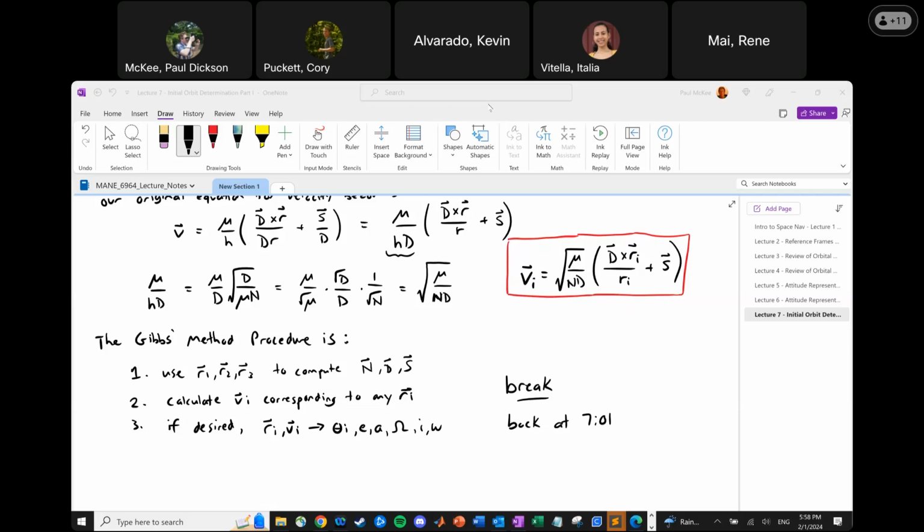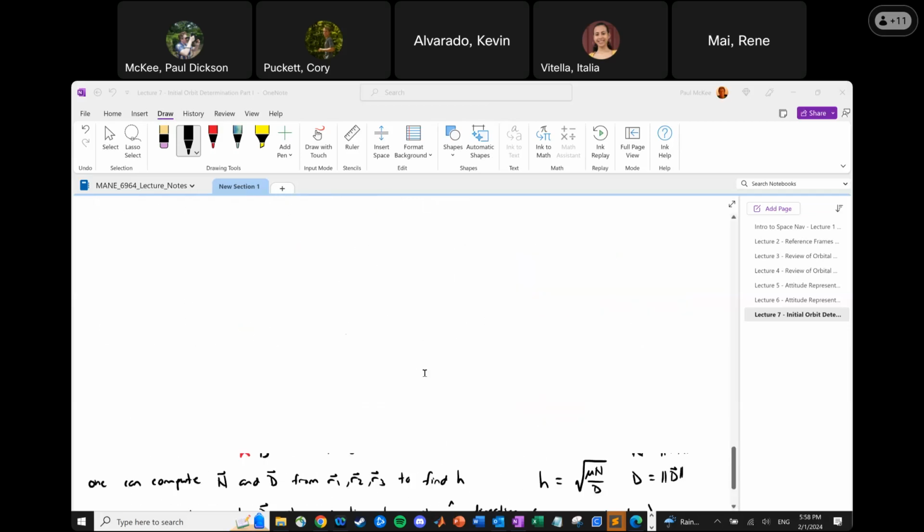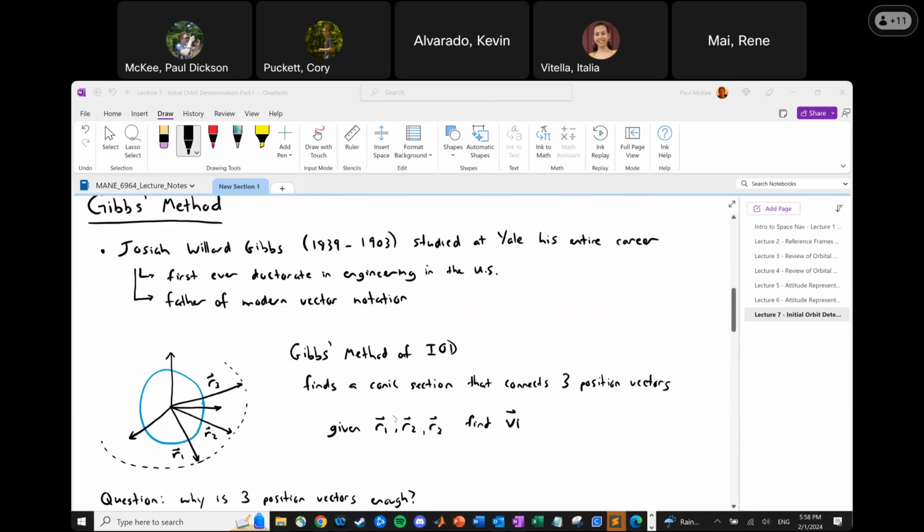I have a question. Yeah, absolutely. What can I do for you, Talia? Is RI calculated from VI or do we already have RI? So we're assuming that we start with 3 position vectors. So you've got R1, R2, and R3 going in. And then you can compute V1, V2, or V3, or all 3 of them if you want to, right? But it's kind of redundant. Let's say you did R1, V1, then we're happy, right?